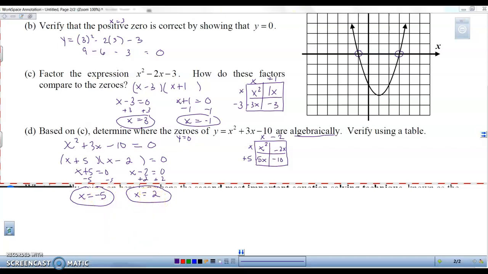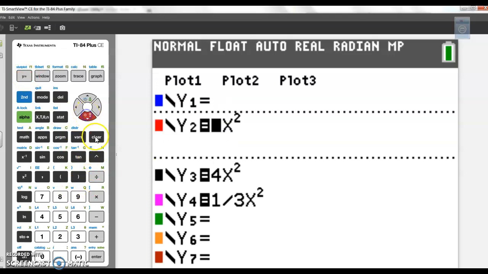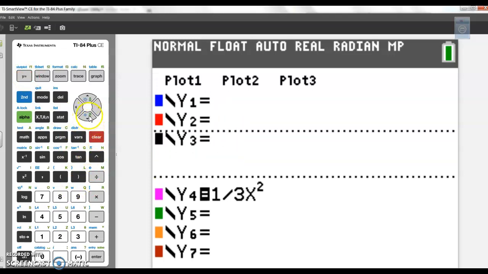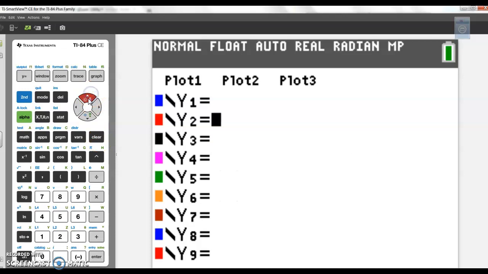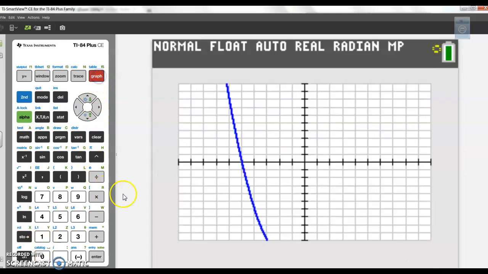Let's verify that. Let me clear these out. y equals x squared plus 3x minus 10. And if I graph this, there's the 2, and 1, 2, 3, 4, 5, -5.